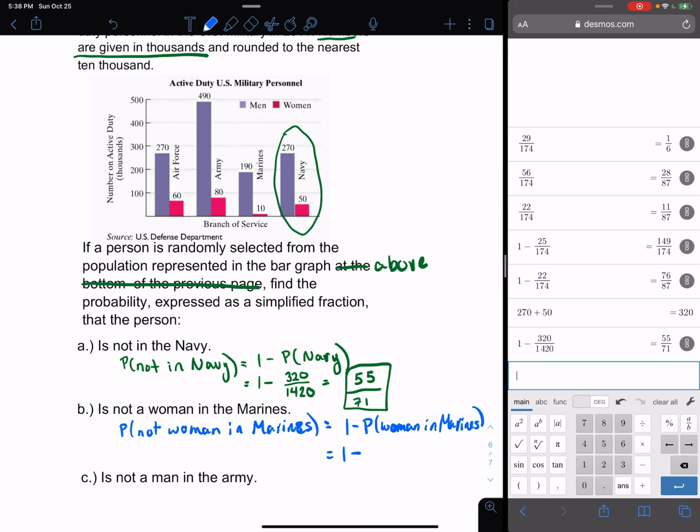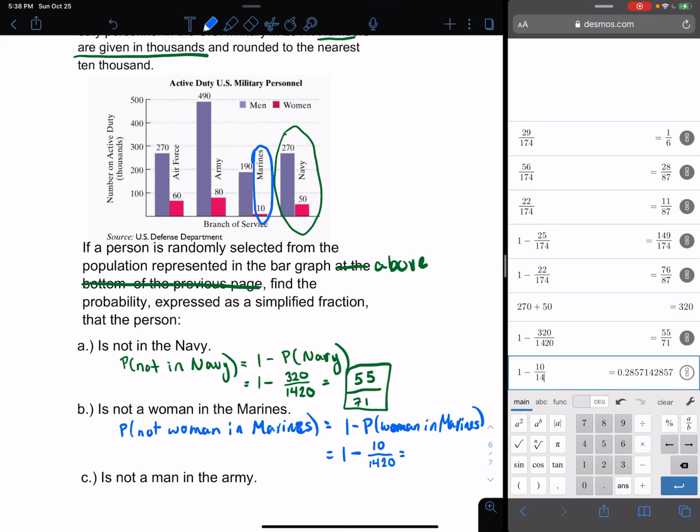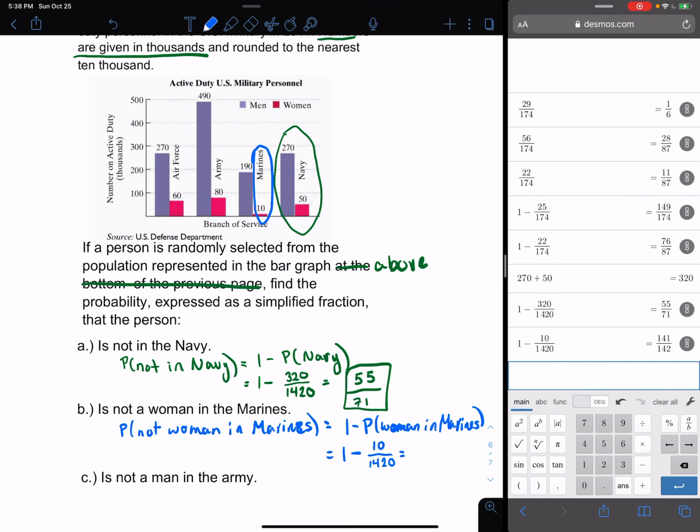If I look for the probability that a woman's in the Marines, they tell me that there's 10,000 women in the Marines out of that total amount that we're thinking of, that 1,420,000. So if I do that, 1 minus the 10 over 1420, and then I want my answer in simplified fraction form, gives me 141 over 142.